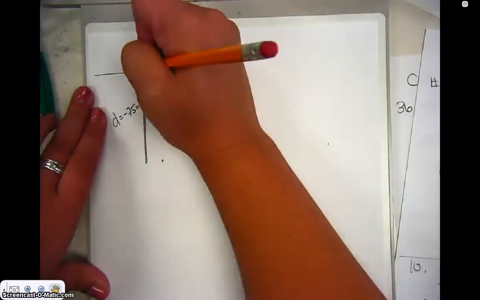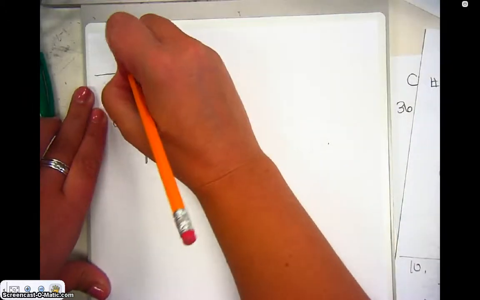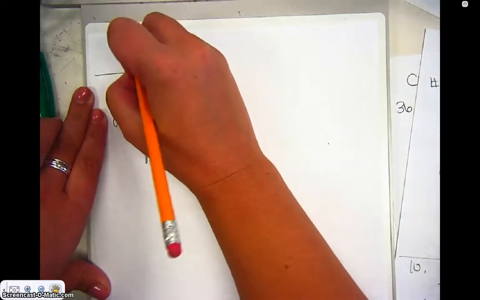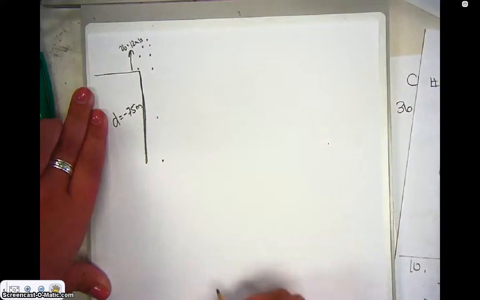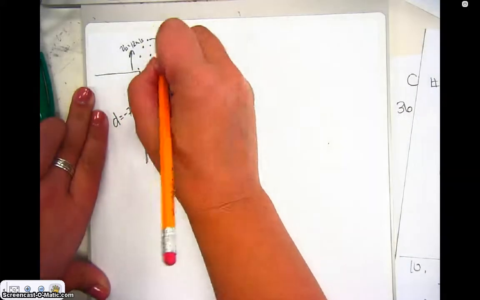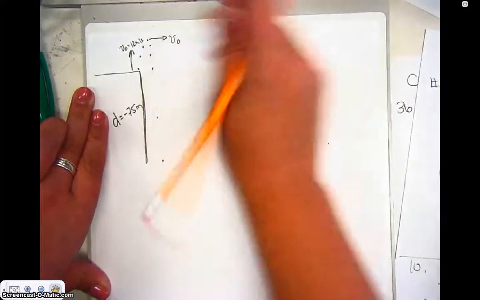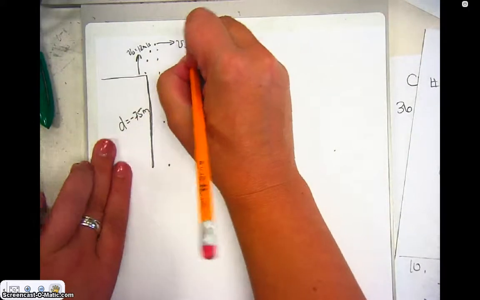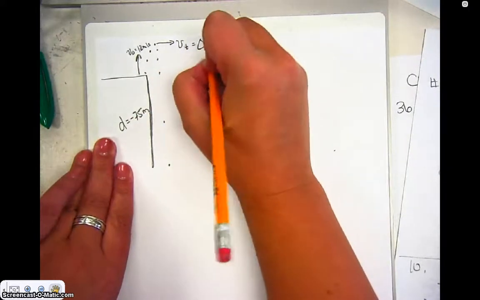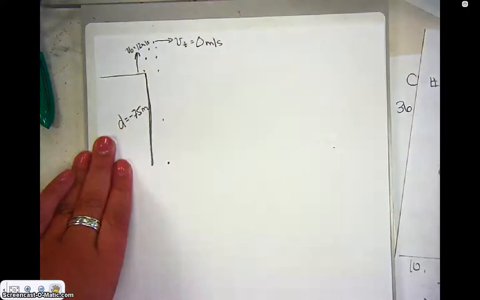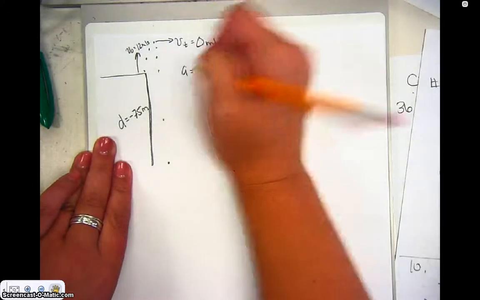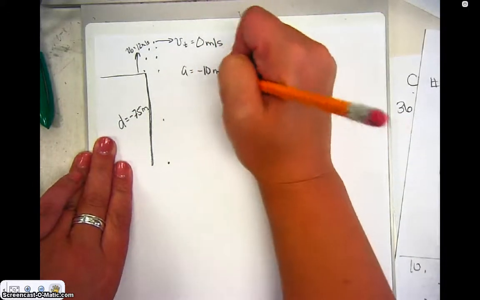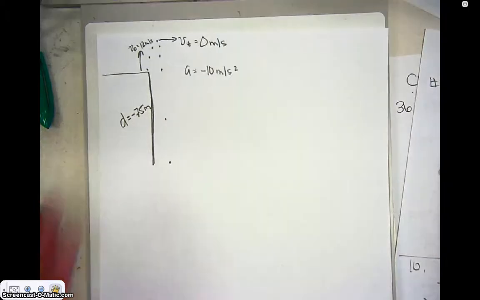I know that my initial velocity here is 12 meters per second. Right up here, my velocity, I won't call that velocity initial, we'll just call it velocity at the top, is 0 meters per second. And then, of course, we always have acceleration, which is negative 10 meters per second squared.